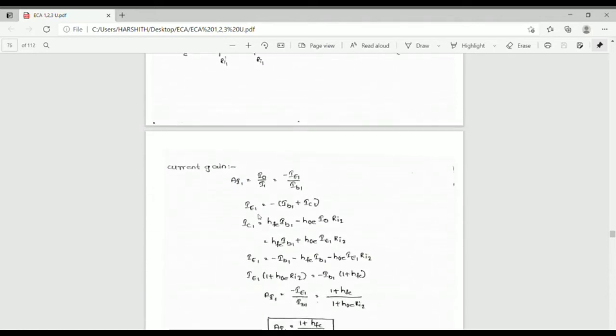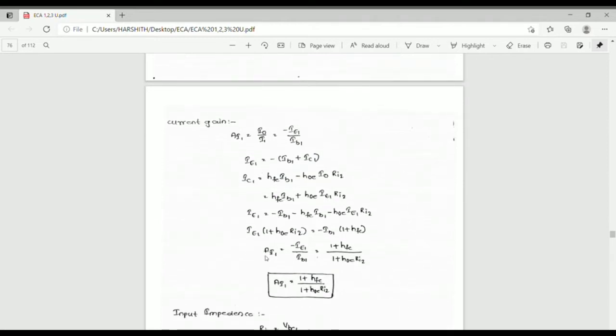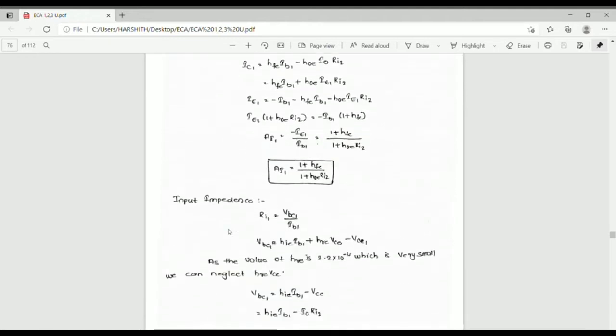So IE1 equals minus of IB1 plus IC1. Substitute IC1 equals hfe IB1 minus hoe I0 RI2. We can simplify it as AI1 equals 1 plus hfe by 1 plus hoe RI2.